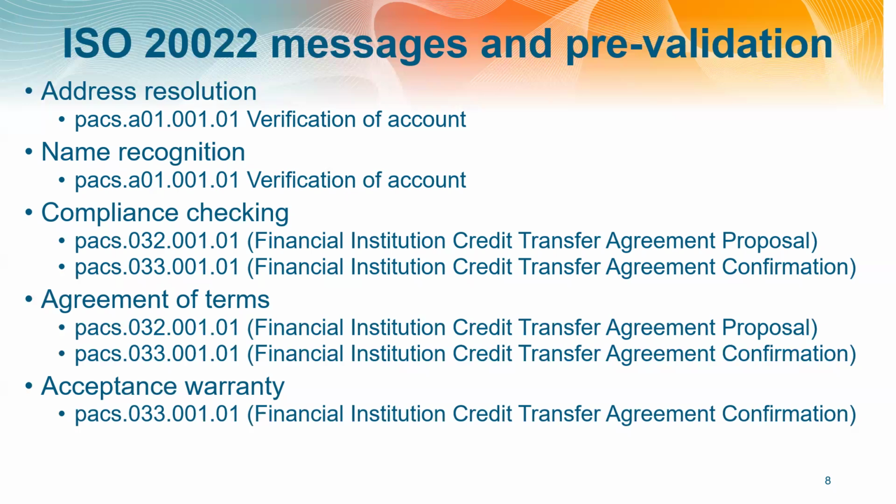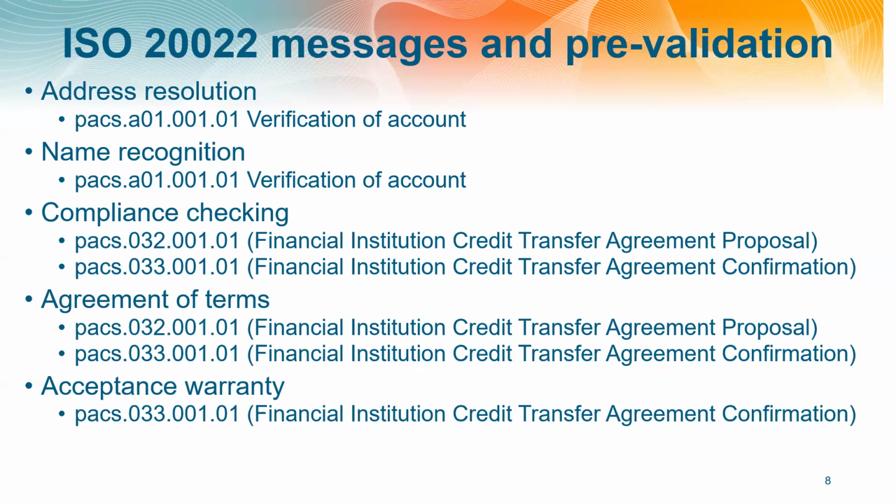We also have permission from the ISO 20022 organization to go ahead and implement these messages as we expect them to be proposed. They are keen on that because it gives them real world usage to make sure that the messages do meet requirements.